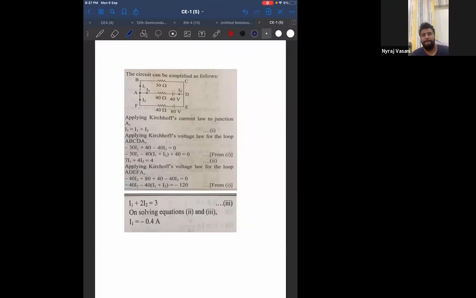Okay. Getting somewhat, getting it somewhat. How to get the current I1, I2.